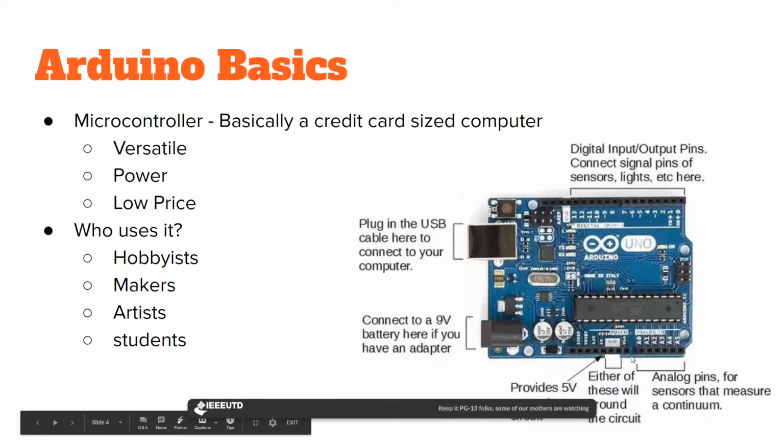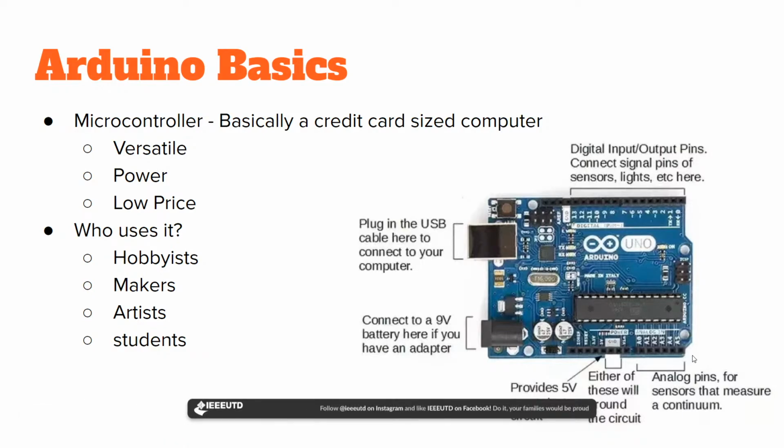And then over here, you have 6 analog pins. These are the pins that measure a continuum. Usually this is some sort of sensor reading that could be any kind of real number, not a discrete number like an integer. And then up here you have 14 digital input or output pins.